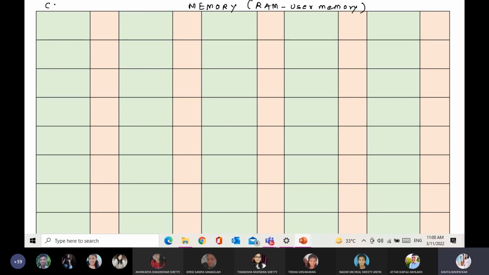ठीक है, which starts from C000 location onwards, and this is the data in that memory.